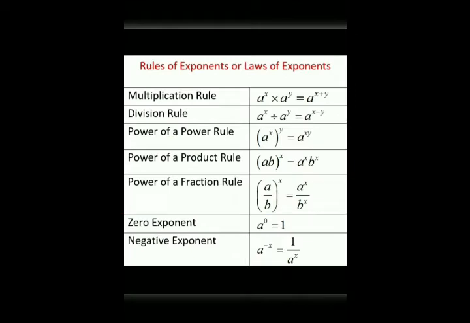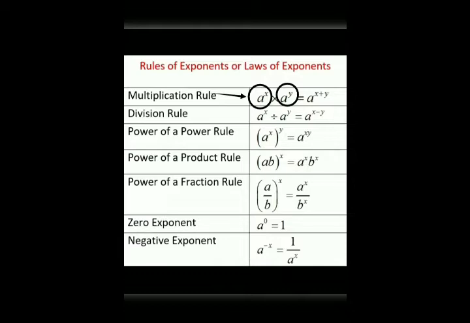Here are the rules of exponents, or laws of exponents. First is the multiplication rule. In this rule, we take a raised to the power x multiplied by a raised to the power y. First of all, we can see that both the first term and the second term have the same base, a, but the power is different.